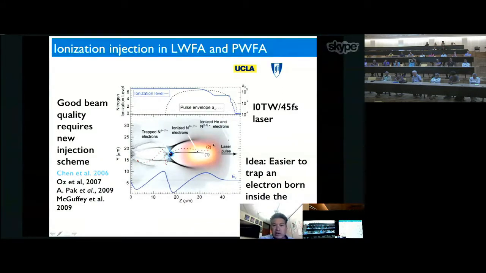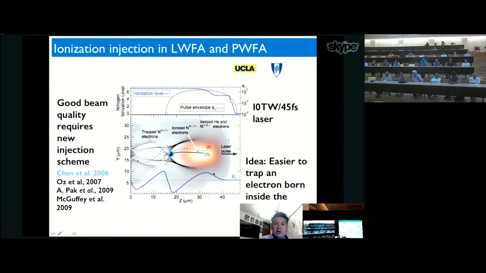All right, so let's look at ionization injection into a laser wakefield or plasma wakefield acceleration. So this is a picture of a laser pulse moving from left to right. This is the electric field that is created, okay? And there's a paper written with Kohlsrud in which he talked about what happens if you ionize an atom inside of an intense laser pulse, that electron then can gain significant energy because it's not limited by the conservation of canonical momentum, bringing it back to rest.